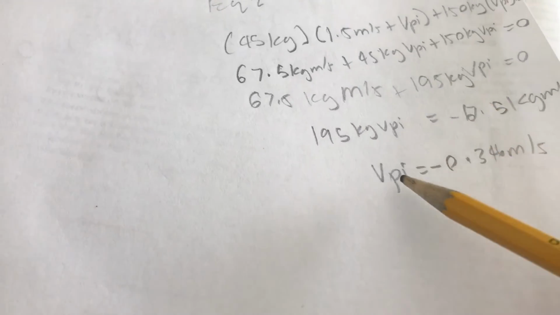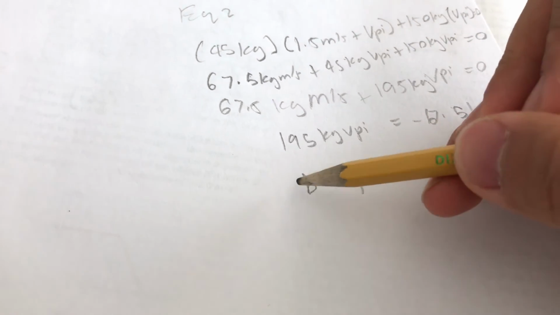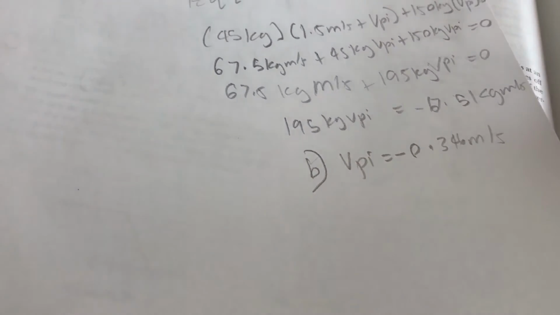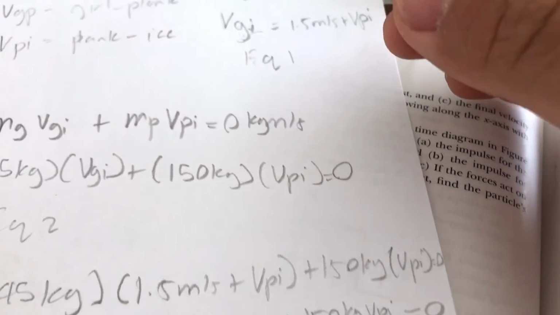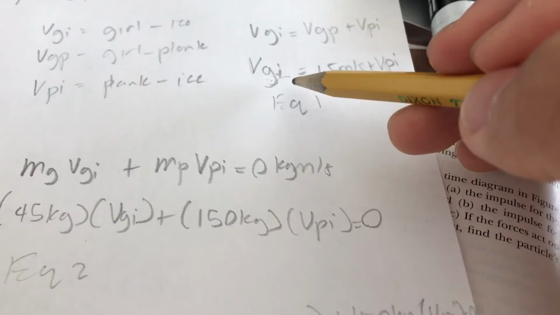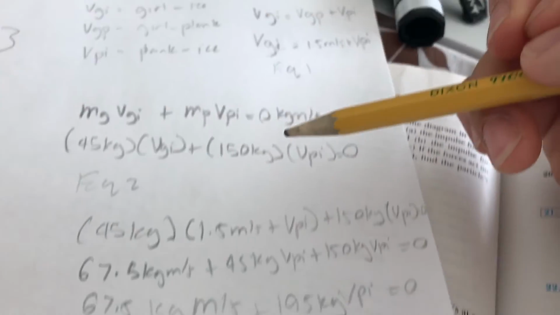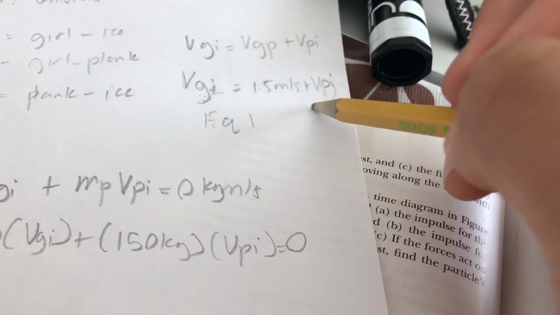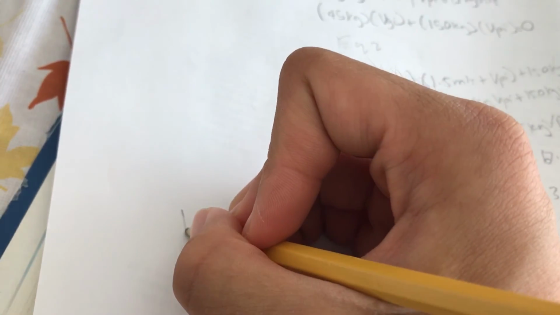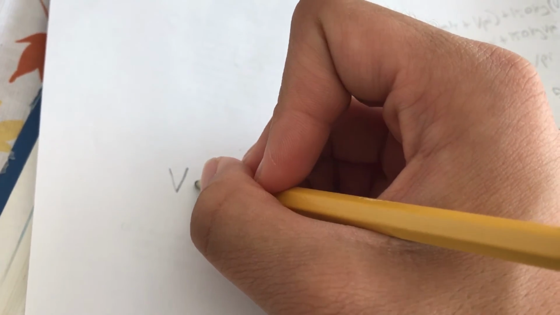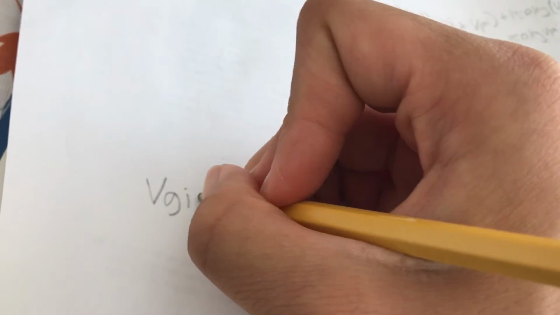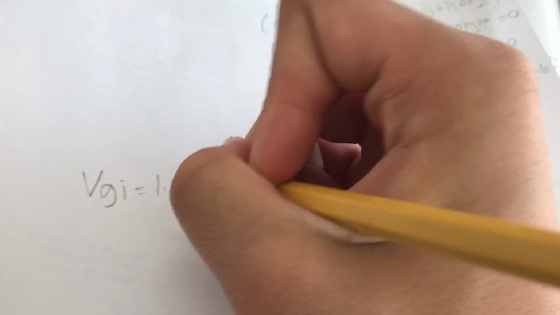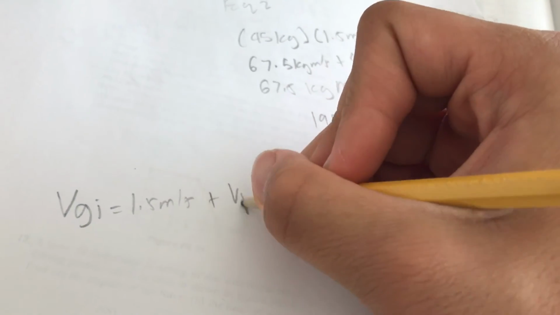So now that you know this, this is the answer to part B, because it asks what is the velocity of the plank relative to the ice. Now we can use our first initial equation to get the velocity of the girl to the ice, because now we know this value and we can solve for this value. Just a reminder, the velocity of the girl to the ice is equal to 1.5 meters per second plus the velocity of the plank to the ice.